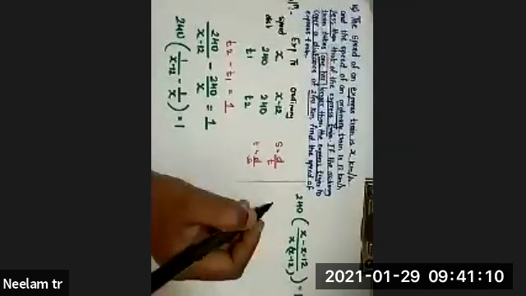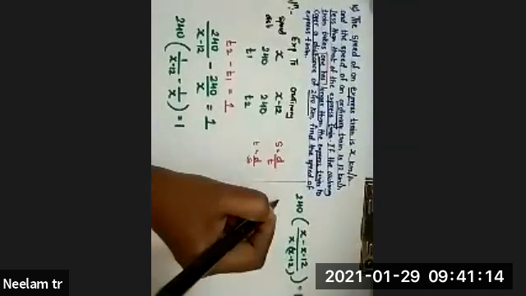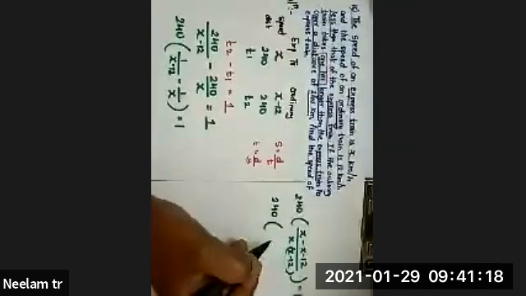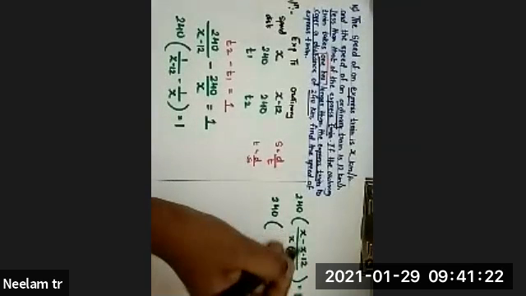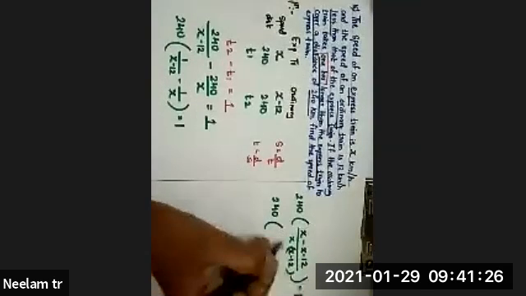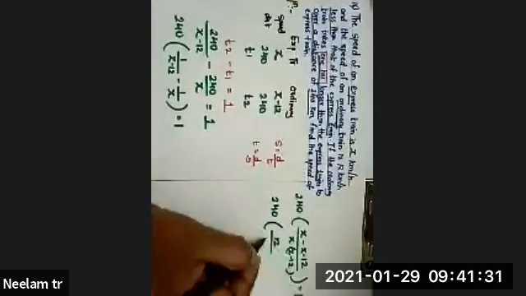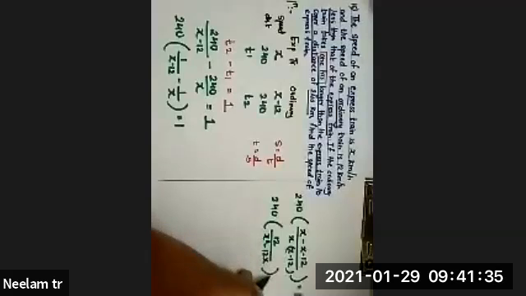This is your 1. Therefore, this will be 240, and the plus and minus will get cancelled out. What will be remaining? That is 12. And here x into x will become x square, and this will be 12x. Yes, 12x. This is your 1.